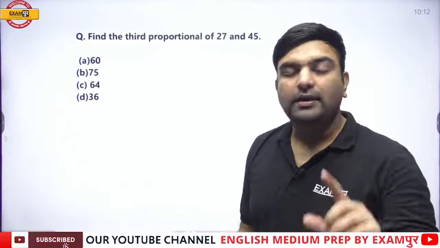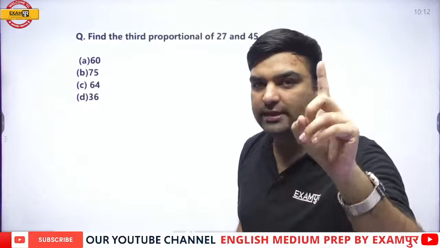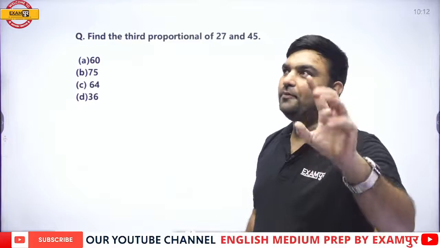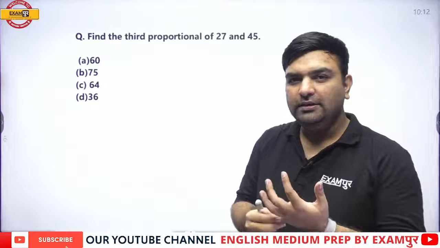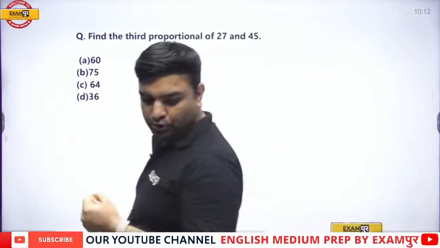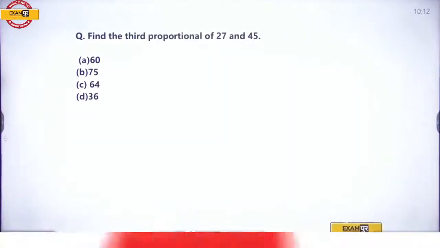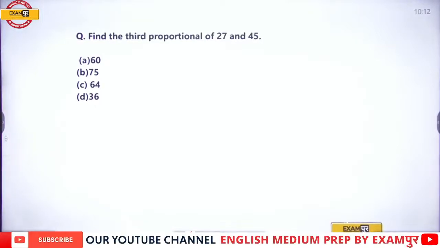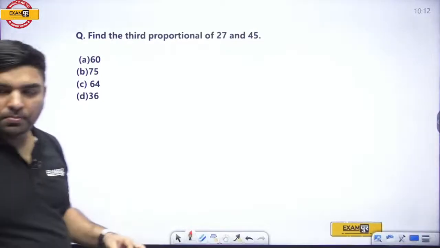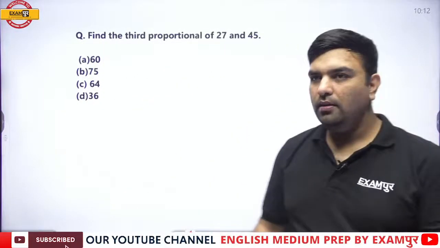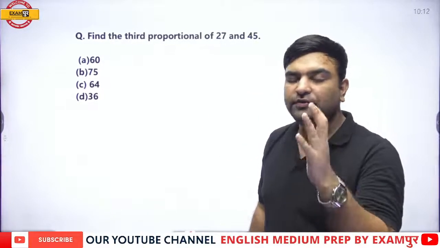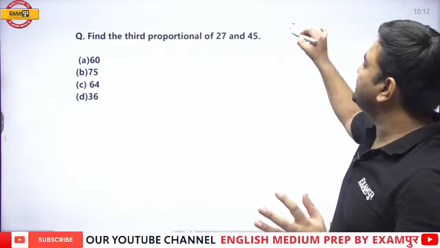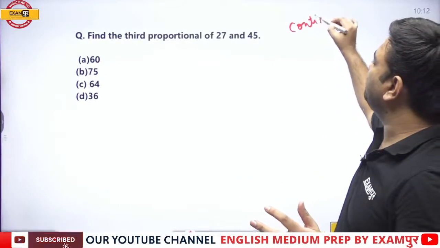Find the third proportion. Is it a case of continued proportions, or a case of four numbers in proportion? Obviously, if 2 numbers are given and 1 is being asked, this is a case of 3 numbers in proportion, which means continued proportion.